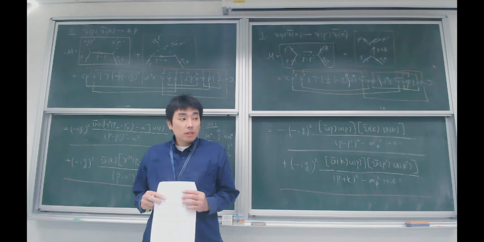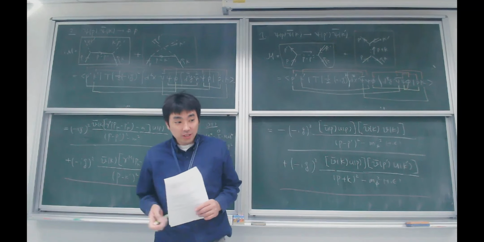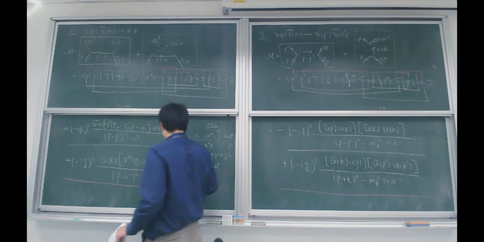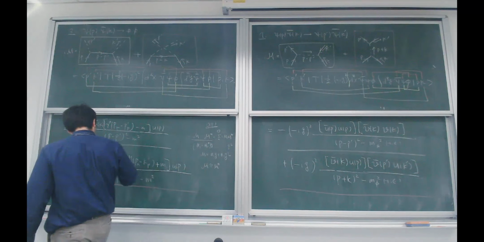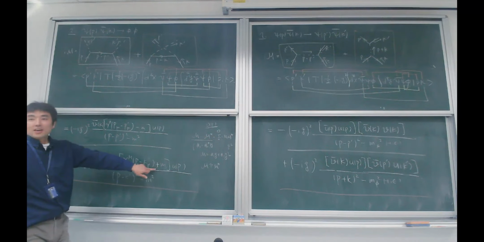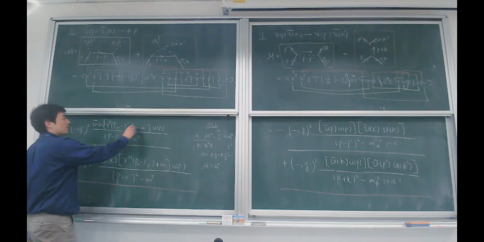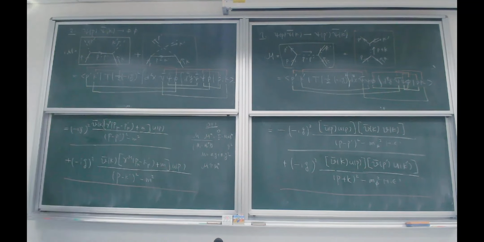Okay, shall we resume? A bunch of corrections. First of all, there's a plus sign here, of the propagator of fermions, and this plus sign here should be the case.